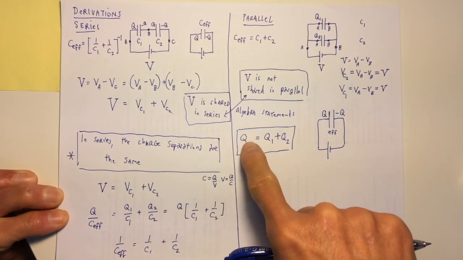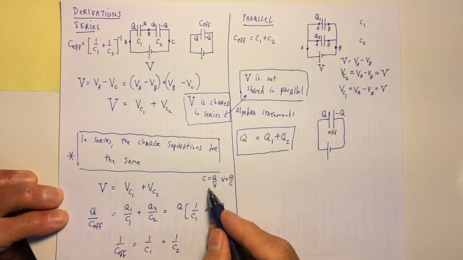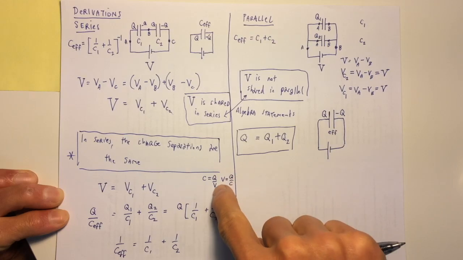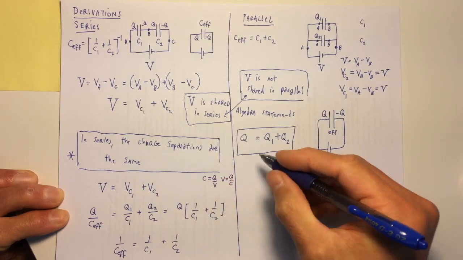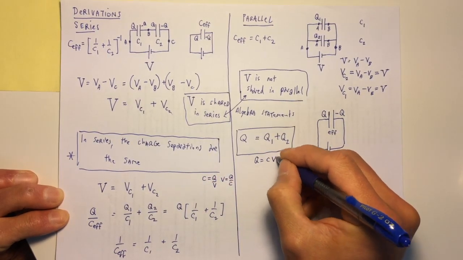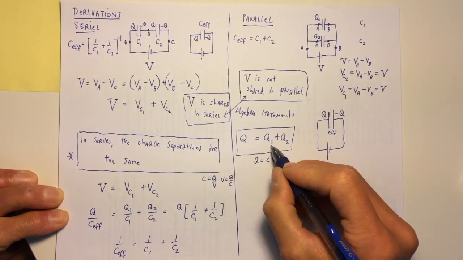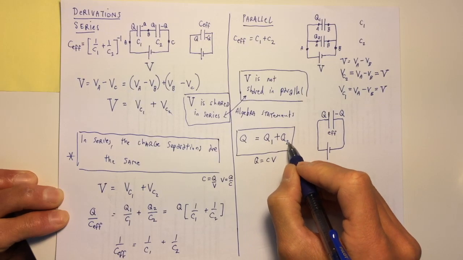So if I look at this capacitor relationship, another relationship is to solve for Q. So let's solve for Q. It's just Q is C times V, right? This is true for the effective capacitor. It's true for capacitor number 1, and it's true for capacitor number 2.